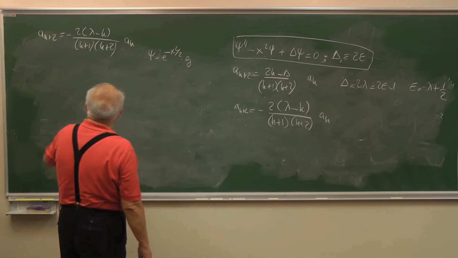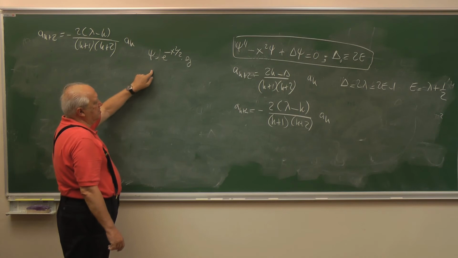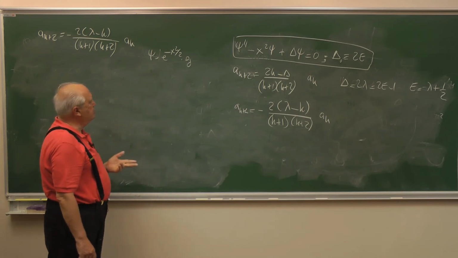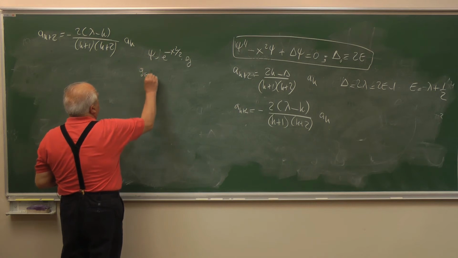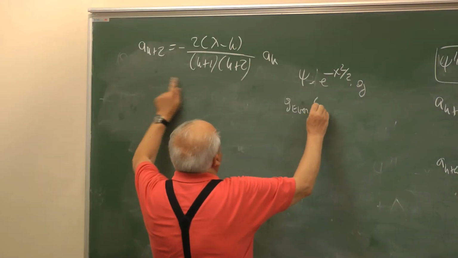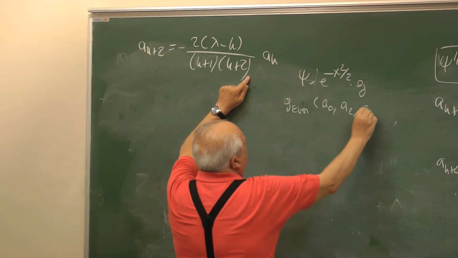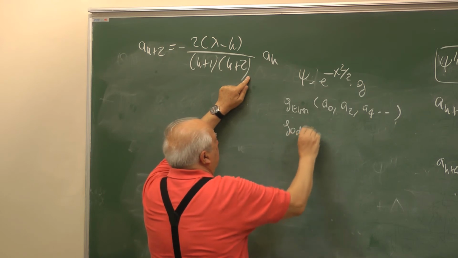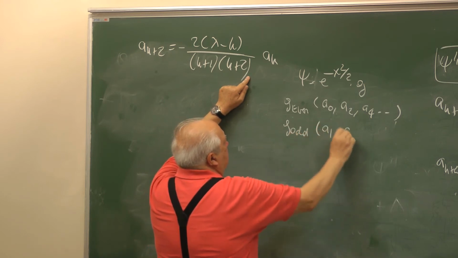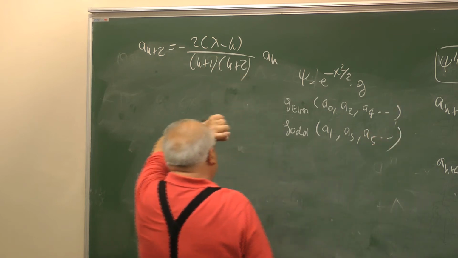What did we get? We got a two-term recursion relation. So the second order differential equation has two solutions. We have an even solution with the coefficients starting from a0, a2, a4, etc., and g odd with a1, a3, a5, etc. Okay?